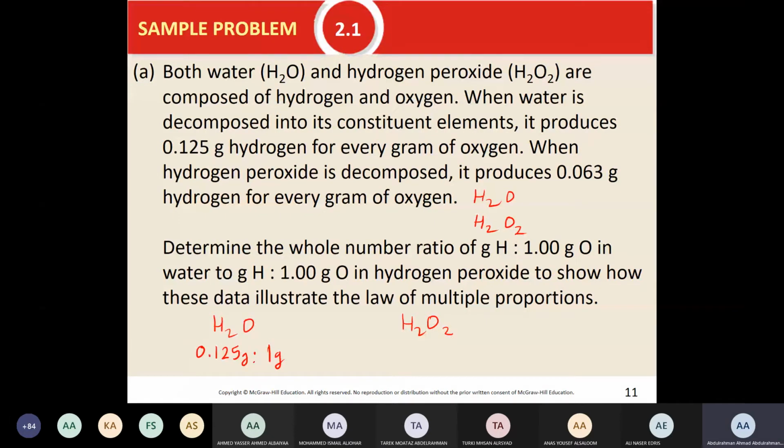Okay, how about in this one? In hydrogen peroxide, it's 0.063 compared to 1 gram oxygen. So what will be the simple ratio for these two? 1/2.